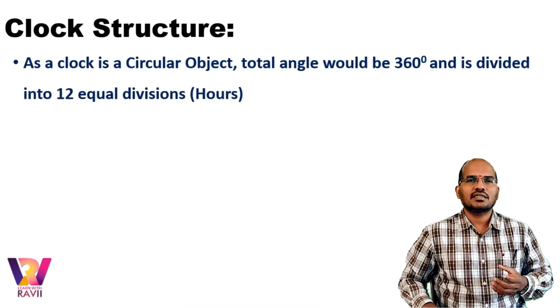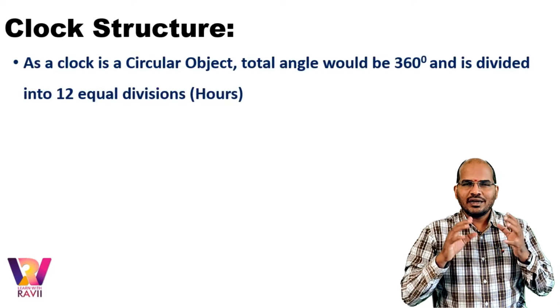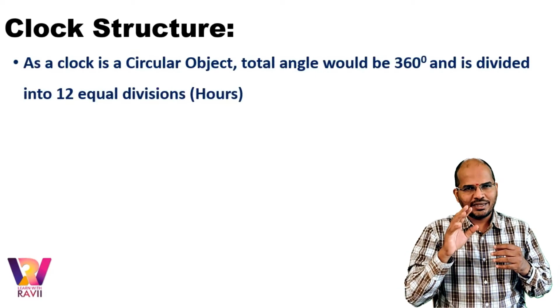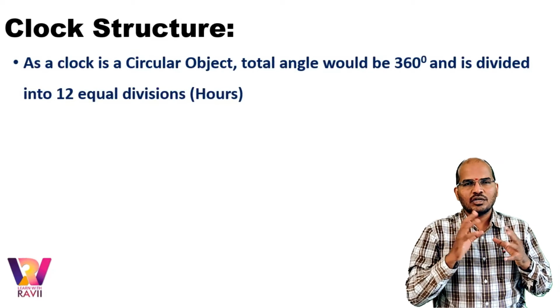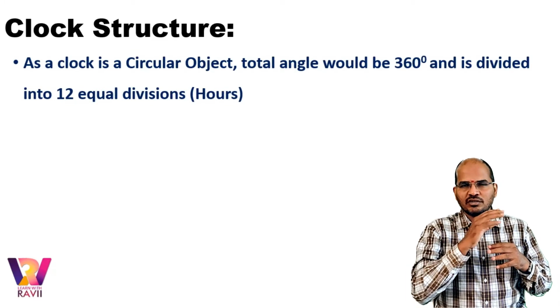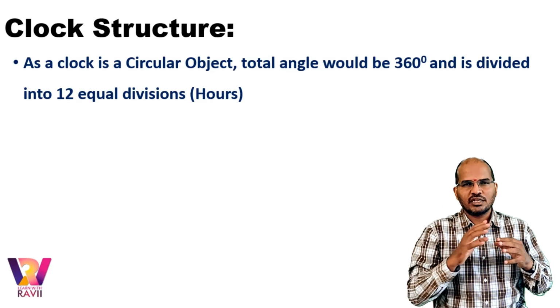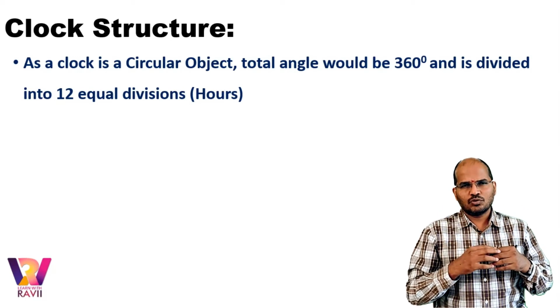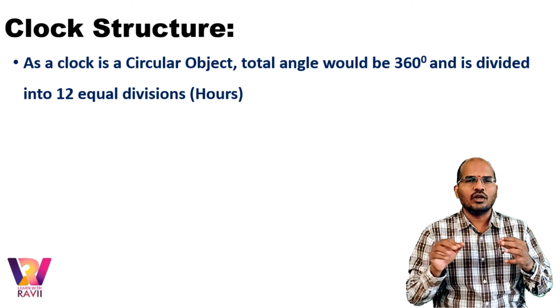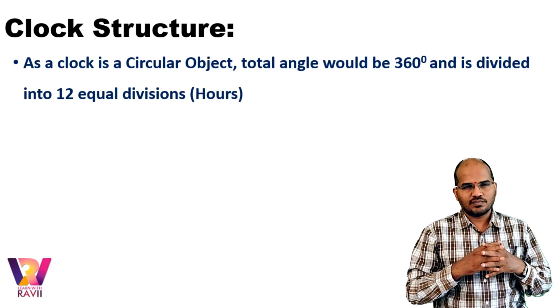As a clock is a circular object, in a circle the total angle is 360 degrees, first point. And we observe that the clock is divided into 12 equal divisions, 1, 2, 3, 4, 5, 6, 7, 8, 9, 10, 11, 12. 12 can also be called 0 sometimes, so 0 to 11 or 1 to 12. So you have 12 equal divisions.